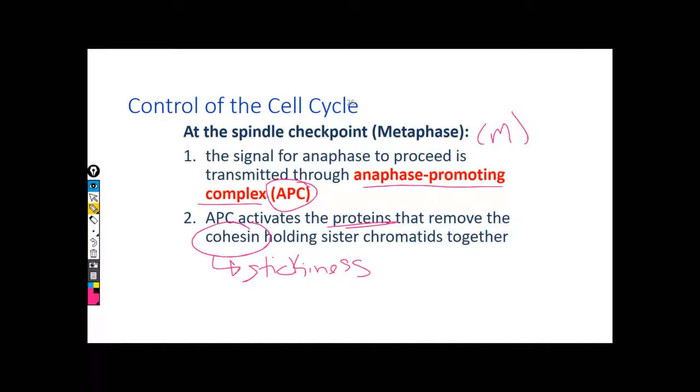And then, as our movers pull on the spindle fibers, our sister chromatids will come apart. So it's like dissolving the glue in between them, kind of like when you have to use nail polish remover to get super glue off. You need somebody to actually do that, and the APC is doing that.